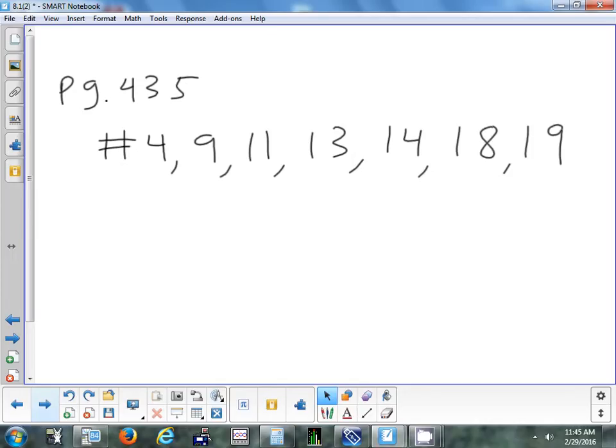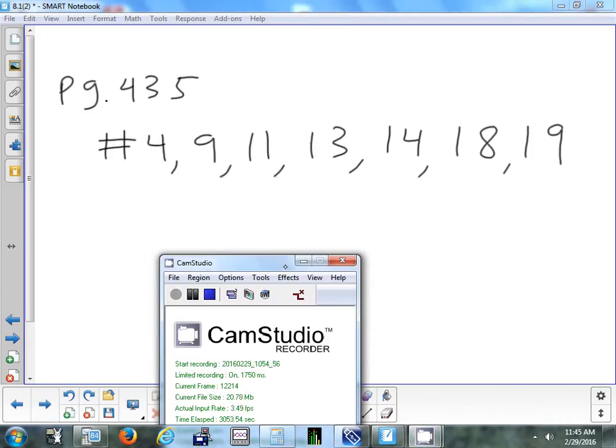Okay, 18 and 19 are word problems. 19 is just like the Coast Guard one, except it's about a weather forecast spotting tornadoes. So instead of a boat, you have a tornado. Same idea. Great, so we'll take a look at that tomorrow, and then we'll finish up solving oblique triangles with law of cosines.